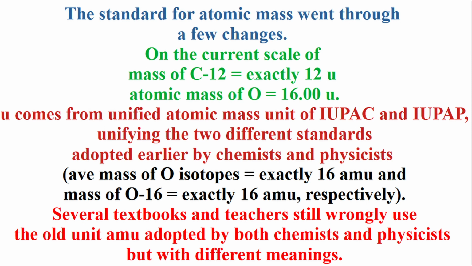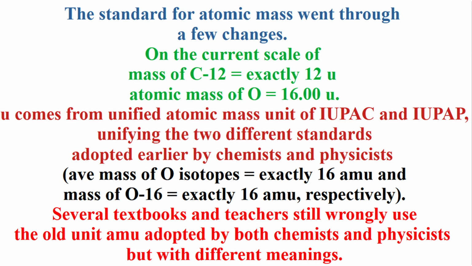As the two standards differed slightly, it created unnecessary confusion during very precise calculations. Finally, in 1961, the current standard of C12 having a mass of exactly 12 U was adopted by the International Unions of Pure and Applied Chemists and Physicists, namely IUPAC and IUPAP.